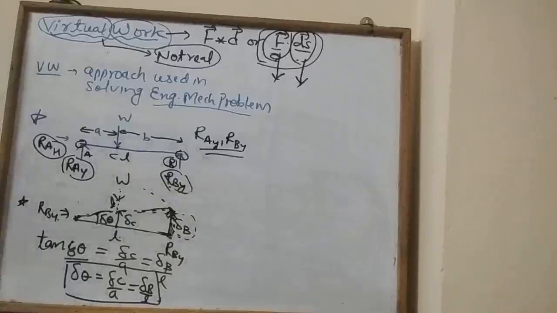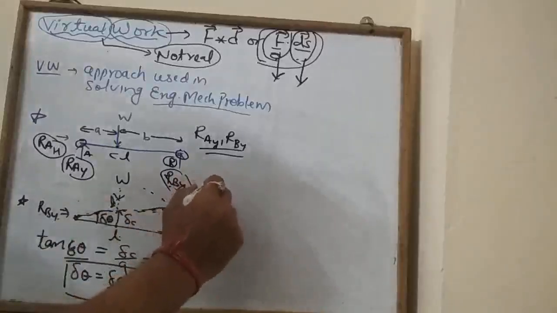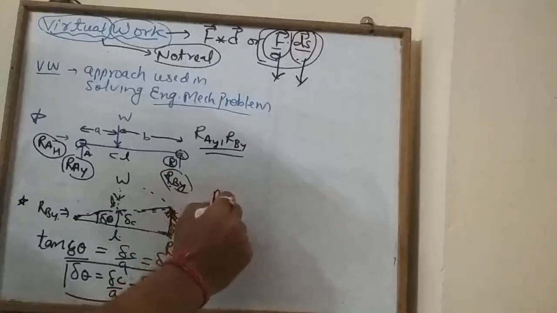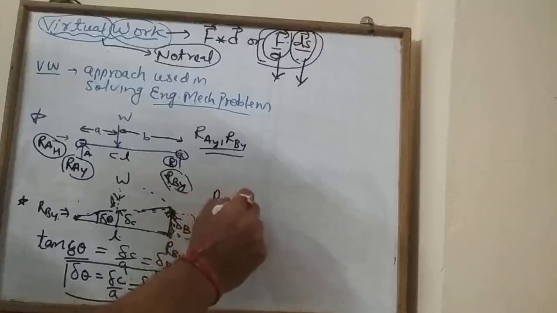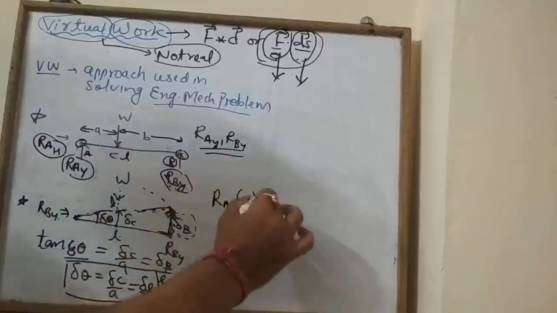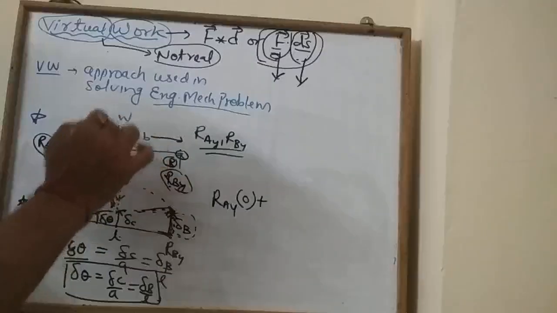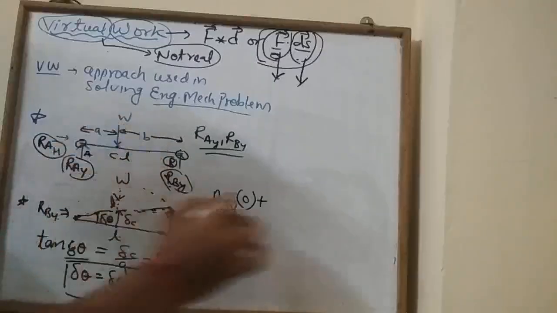Now we can easily apply virtual work, that is RAY multiplied by displacement 0 plus, now work done by this force will be negative.